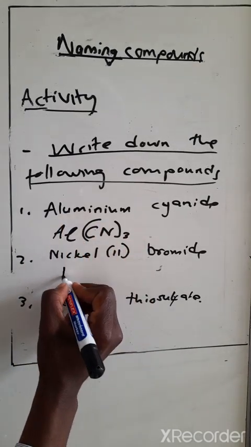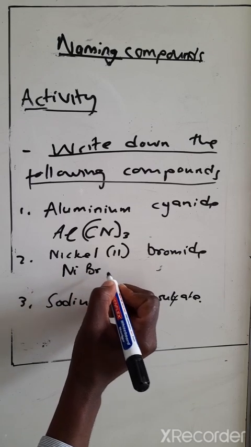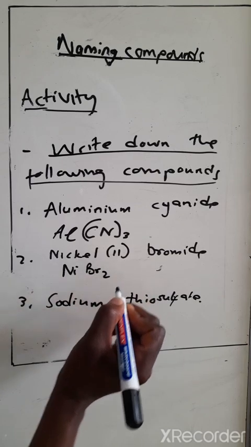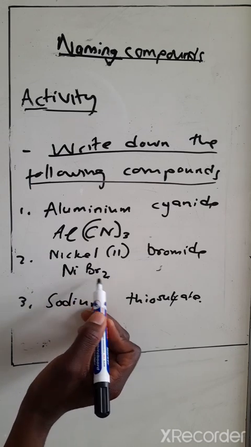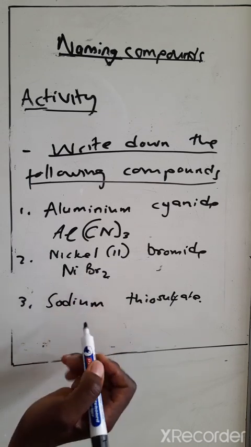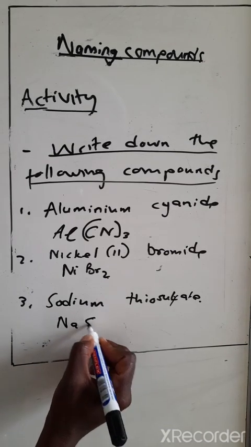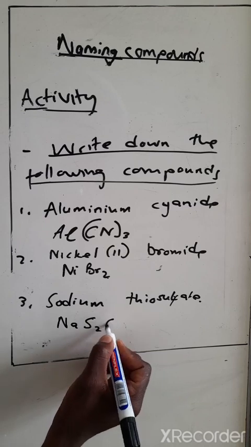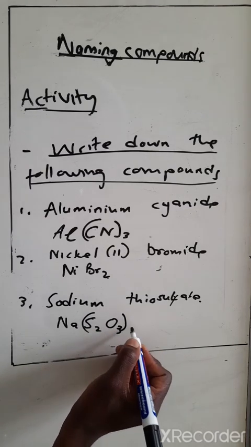Nickel is going to be NiBr2, because nickel is 2+ and Br is negative. And sodium thiosulfate, Na2S2O3.